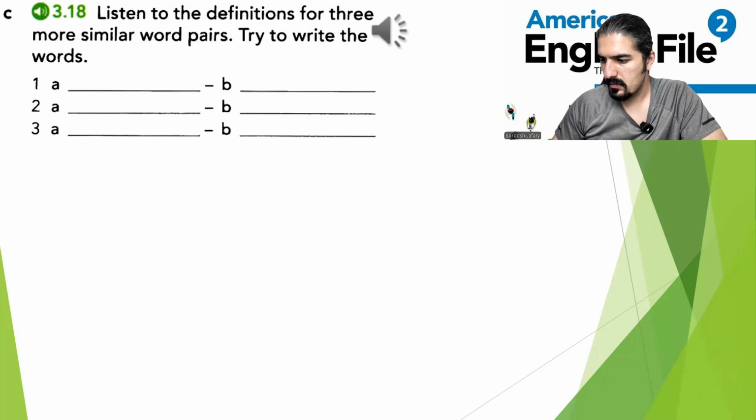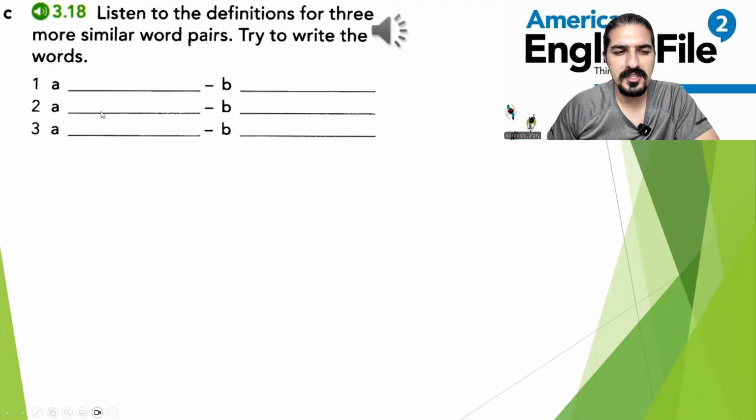For example, a cat. B. It's the short form of the name Peter. 3. A. It's an adjective similar to angry. B. It's the past tense of the verb make.